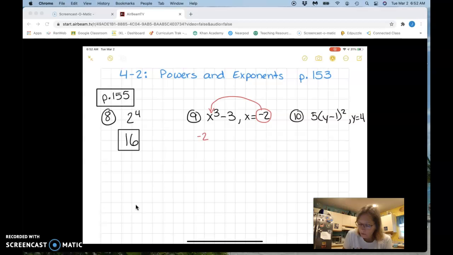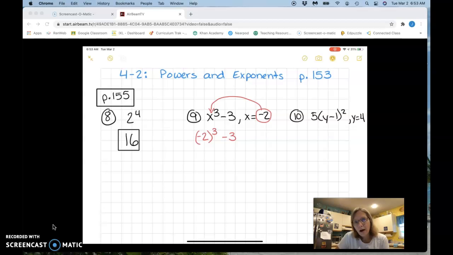So negative 2, always use parentheses when you have a negative number with an exponent, because if you don't use parentheses in your calculator too, you're going to get the wrong answer. So if you remember your exponent rules, if you have an even exponent like 2, 4, 6, 8, then you're going to have a positive answer.